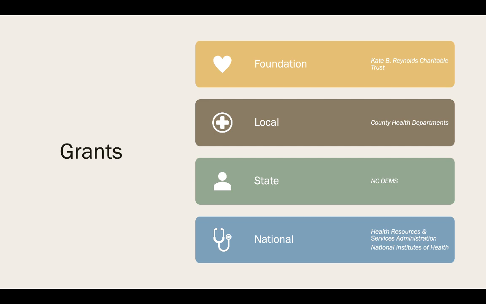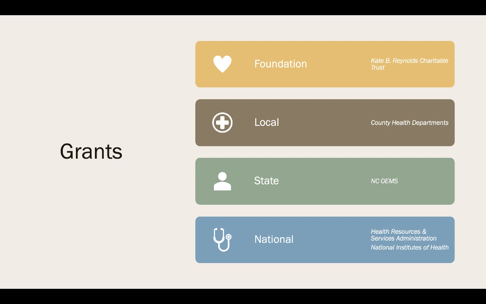Your foundations, your private entities. One of the bigger ones in North Carolina is the Reynolds Trust, KP Reynolds Charitable Trust. Last year, they gave out around $23 million in grants.